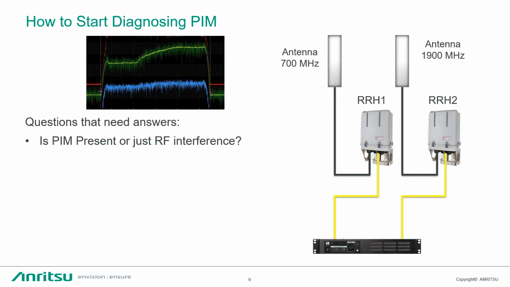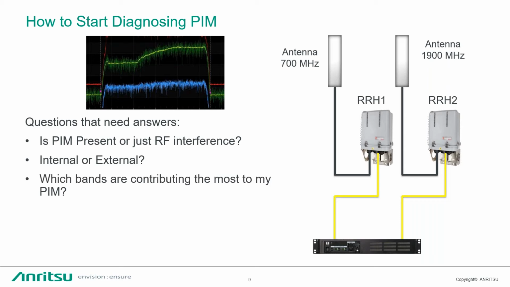The first is, and I've gone through these questions before, is PIM present or is it just RF interference? Sometimes you can tell, and many times you can tell, but sometimes you can't. Is it internal or external? Which bands are contributing most to my PIM, which relates to how you troubleshoot the PIM? So it's important to know which bands are the major contributors.